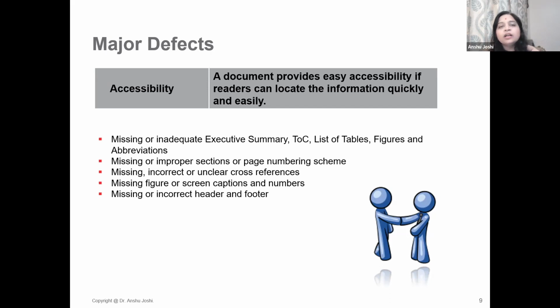There could be missing figure or table captions and numbers. If any figures or tables are mentioned in the research proposal document, proper captions need to be inserted along with them. Ideally, the list of tables and list of figures should be generated after the table of contents, before going on to the sections of the research proposal document.